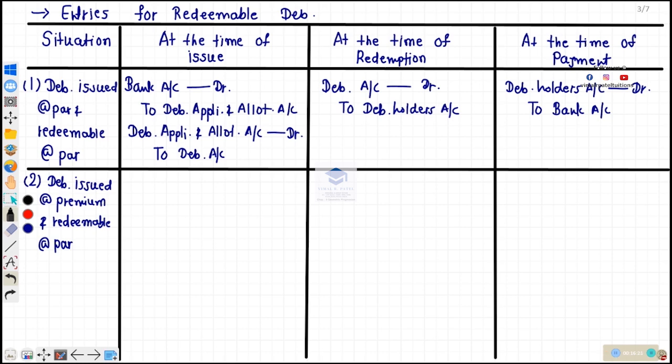So, entry will be bank account debited to debenture application and allotment, 120, 120.